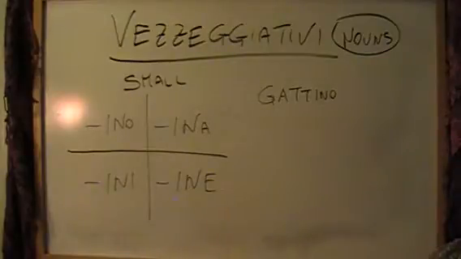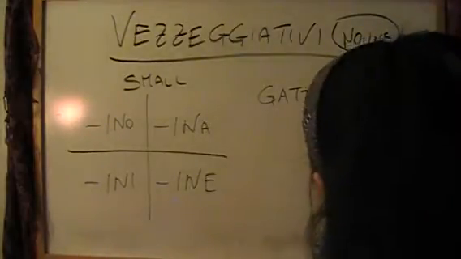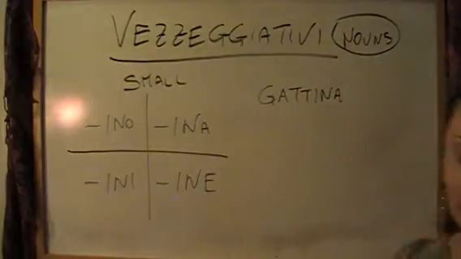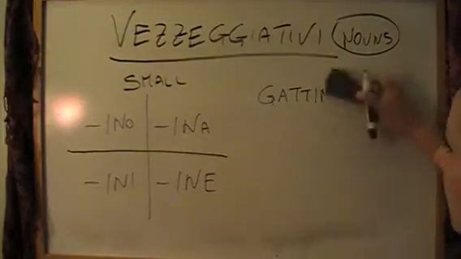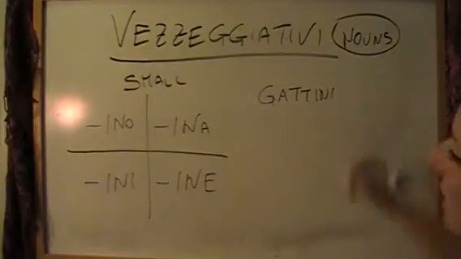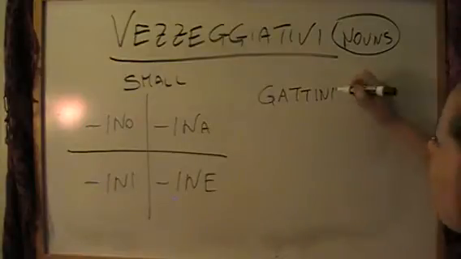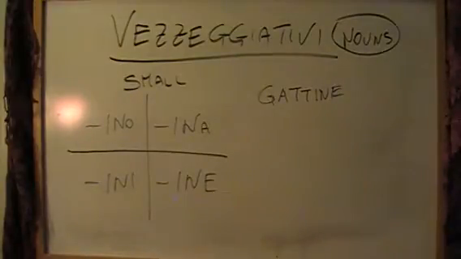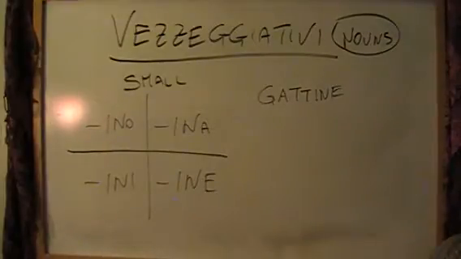If instead you have a female cat, you use the feminine singular and you say gattina, a small female cat. The same with gattini, a lot of small male kittens, or gattine, small female kittens, they are feminine.